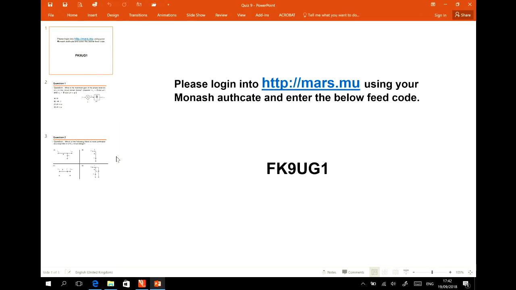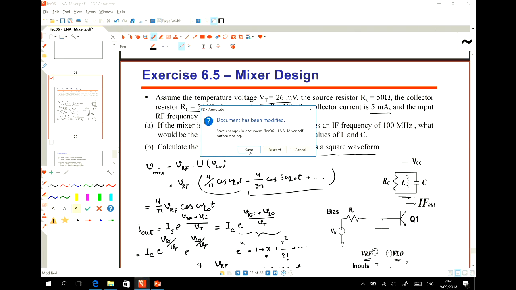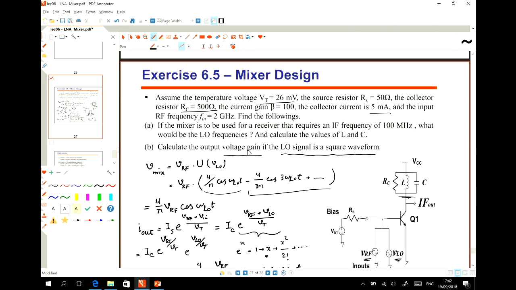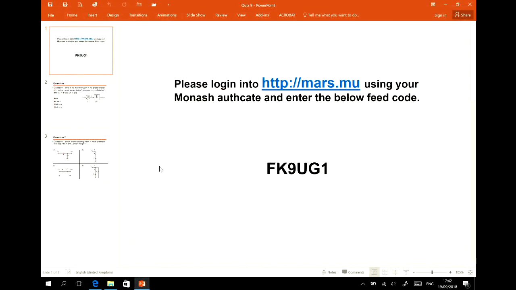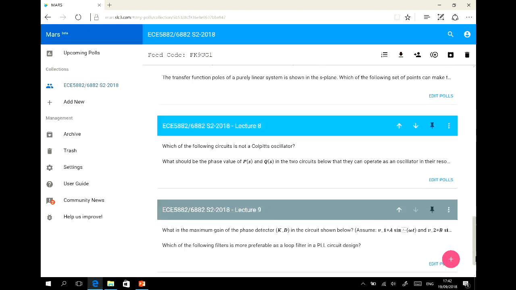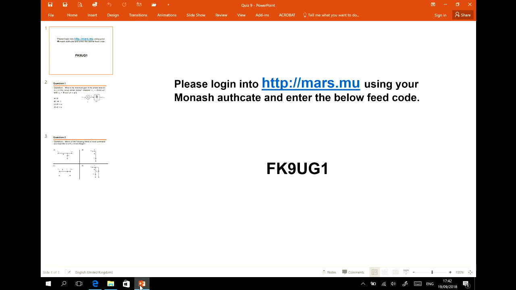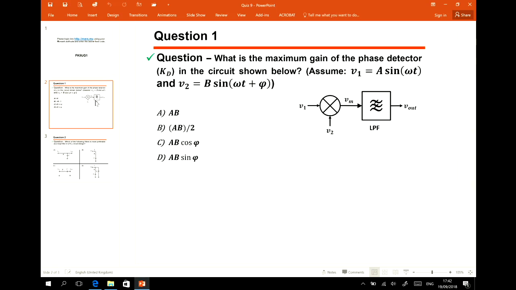So please log into Mars. So we have a phase detector as a mixer.